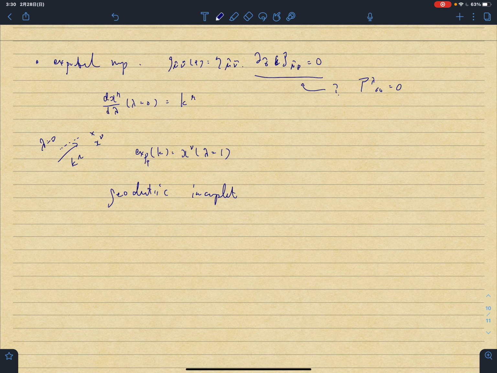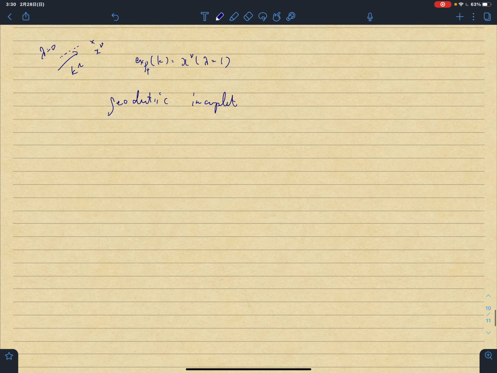In a more careful discussion, the exponential map takes a vector to the point that lies at unit affine parameter along the geodesic with that vector.